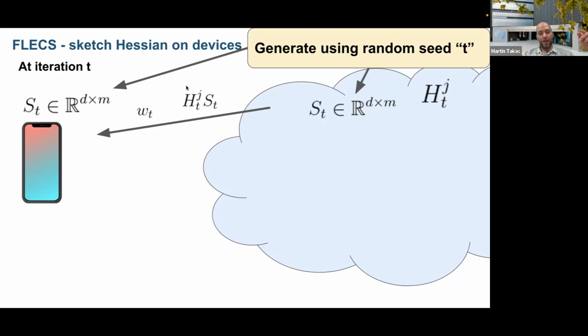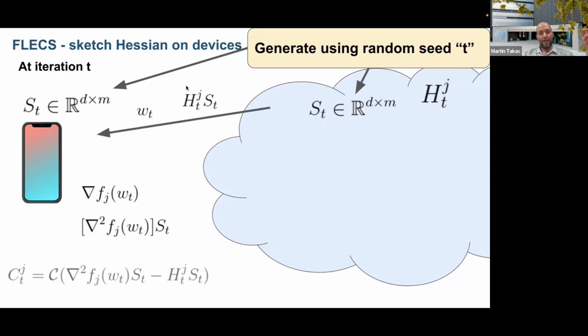And afterwards, what I communicate is again a difference of two vectors, right? If M is 1, I just have one vector, which is the sketch of the Hessian in this direction, and the same for sketching the estimate of the Hessian in this direction. Afterwards I compute the difference and compress this one, and that's the message I will send to the server.